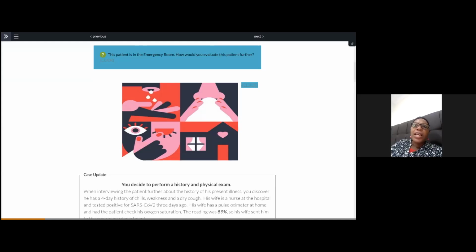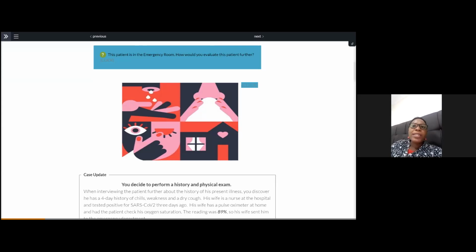Initially, when it comes to history taking, you're going to ask specific questions about the onset of the symptoms. You're going to look for associated symptoms, such as fever in this case. You're going to ask about any difficulties in breathing, any shortness of breath. This will help you determine the severity of the disease.